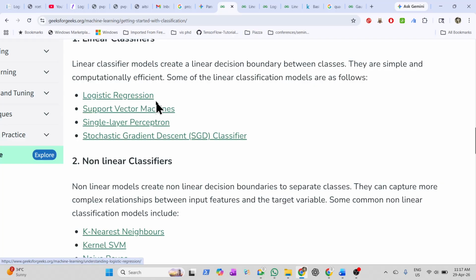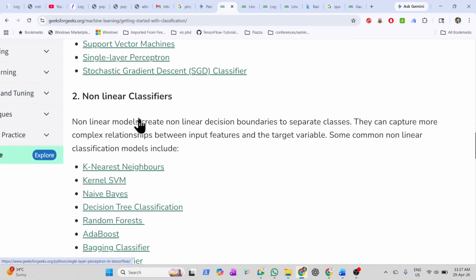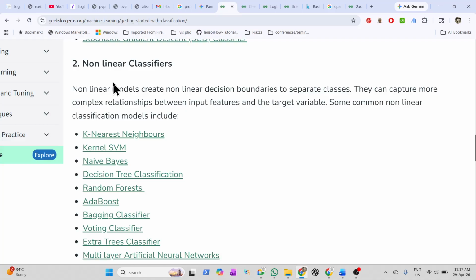You can go there and study whatever is available in our syllabus. We will study all of them. Others which are not part of our syllabus, I encourage you all to study. It gives us more meaningful knowledge about ML.